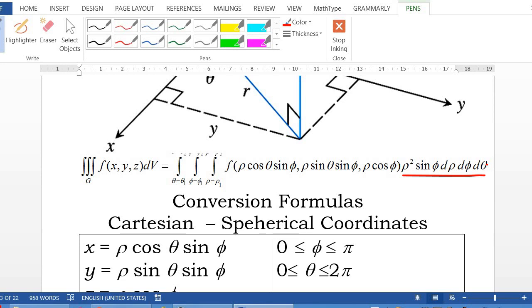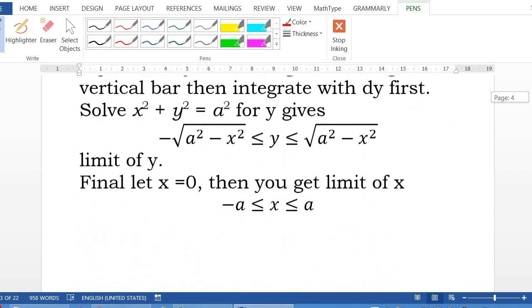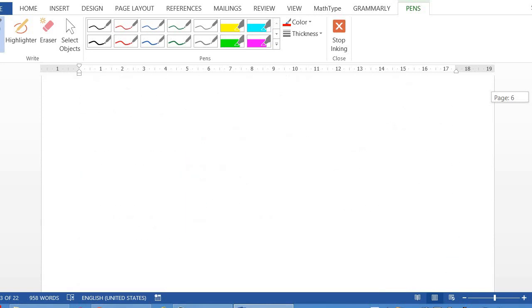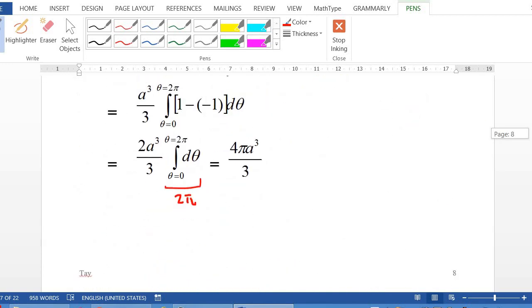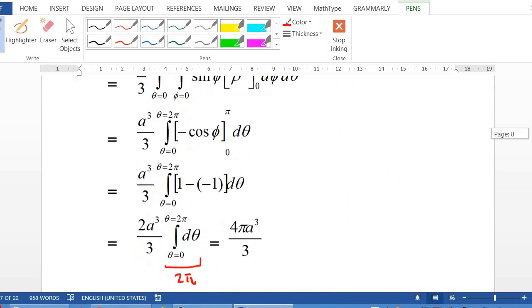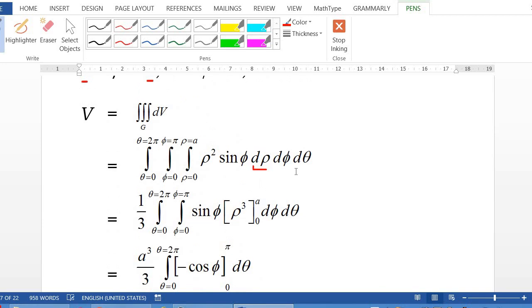In cylindrical, dV is dz r dz dr d theta: we maintain dz, and then r dr d theta is actually dA in polar coordinates. But in spherical coordinates, dV is rho squared sin phi d rho d phi d theta. We just use it and skip the proof.